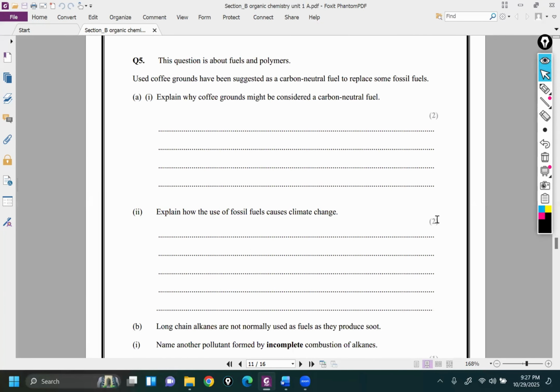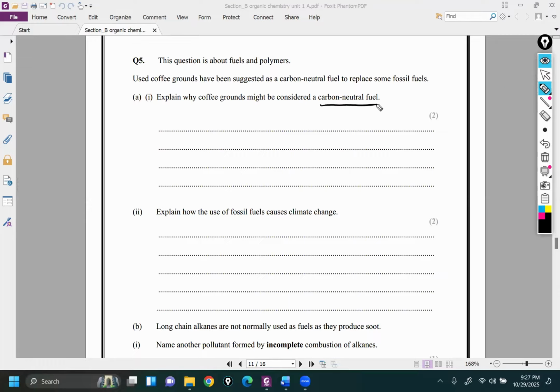Question number 5 is again about fuel and polymer. Now, in this case, used coffee grounds have been suggested as a carbon neutral fuel to replace some fossil fuels. Explain why coffee grounds might be considered a carbon neutral fuel.